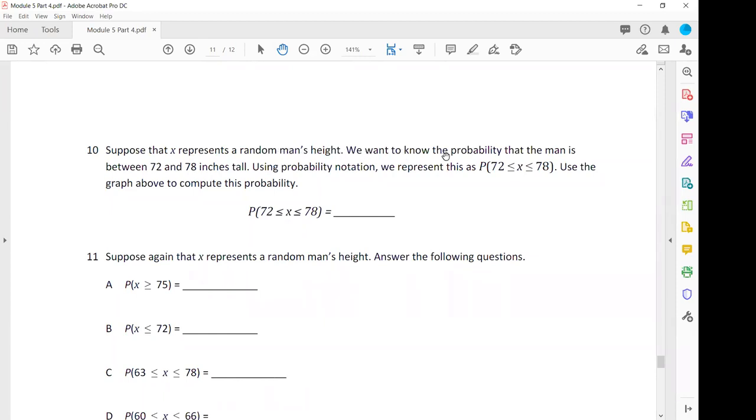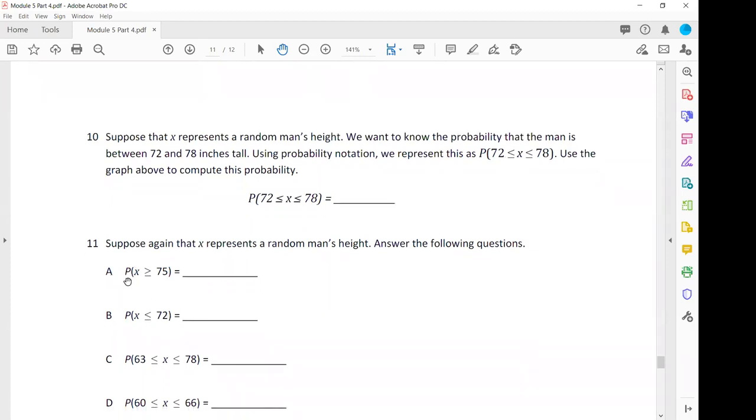We want to know the probability that the man is between 72 and 78 inches tall. We want to use the probability to calculate this. Note that we can find the probability X greater than a number, X less than a number, and X in between 2 numbers.